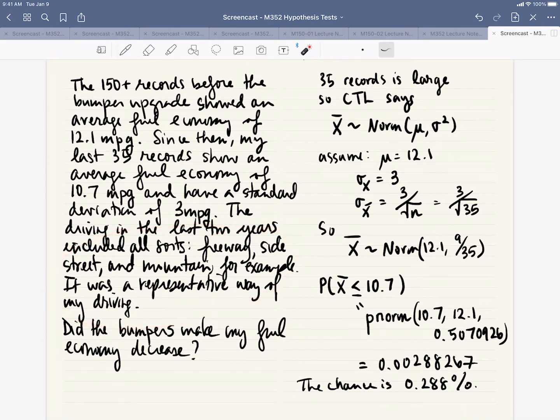Well, I know the driving I did when I measured that fuel economy was regular or normal driving. So I'd expect to get an average fuel economy that's close to the real average, right? I'd expect my sample mean for these 35 records to be close to my average. Well, if my average were 12.1, I would not expect to get a fuel economy of 10.7.